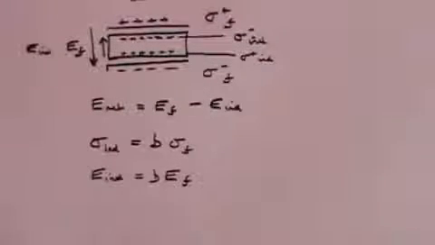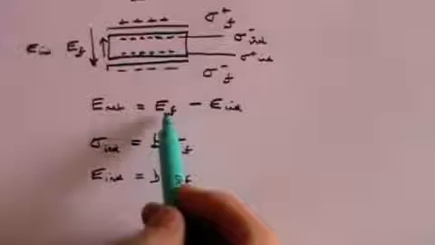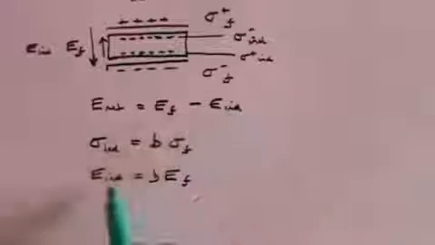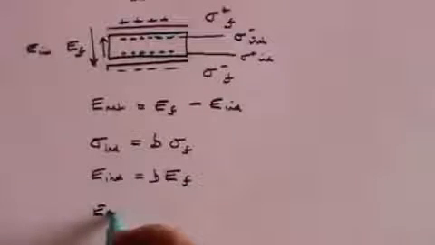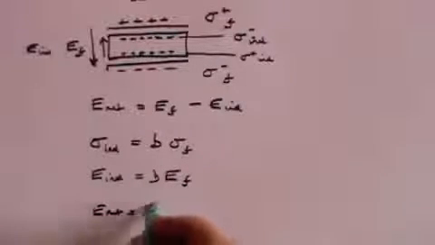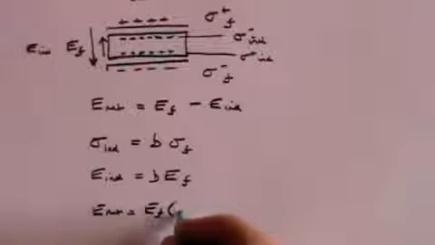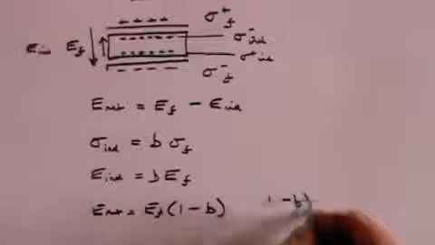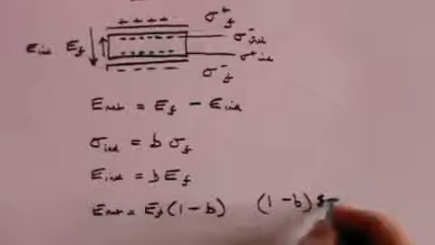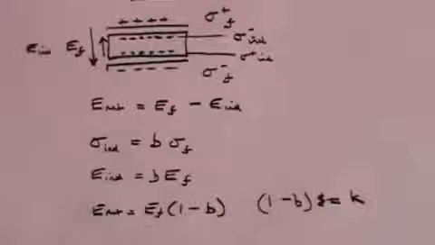And that means that since E net equals E free minus E induced, and E induced is B times E free, E net is equal to E free times (1 minus B). And 1 minus B is K, the dielectric constant, or the relative permittivity.